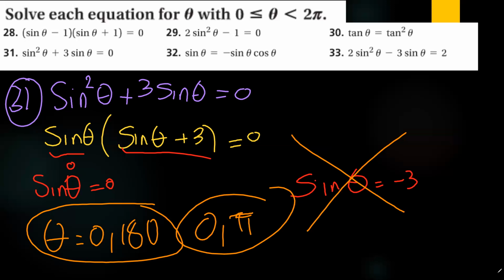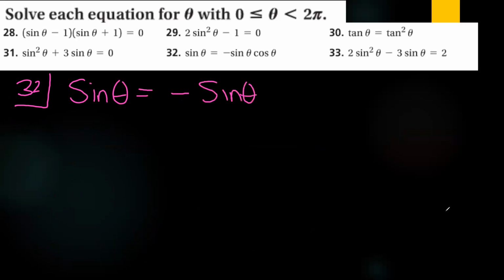Now, let's solve number 32. Here, sine of theta equals negative sine of theta cosine theta.